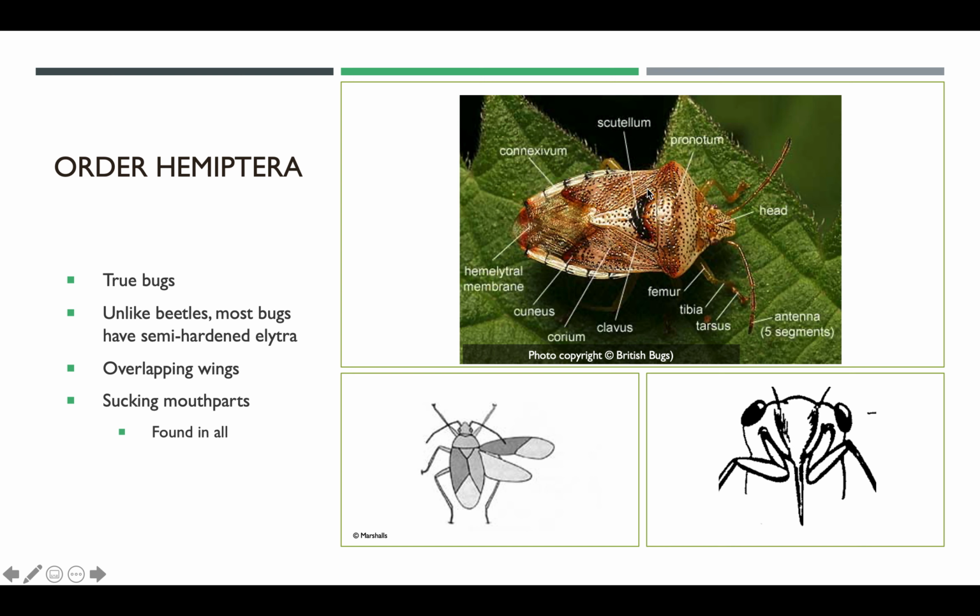That's called the scutellum, and it's right behind this pronotum that we were talking about earlier. So again, two things that separate bugs from beetles is, one is this needle-like rostrum, and two, these wings that are semi-hardened or sometimes not at all hardened, and they overlap, which form a really obvious sort of triangle known as a scutellum.